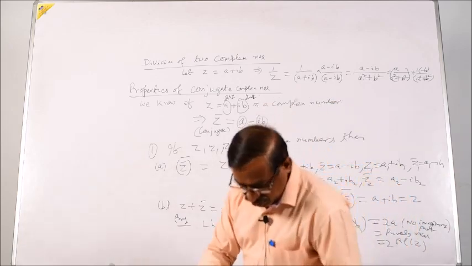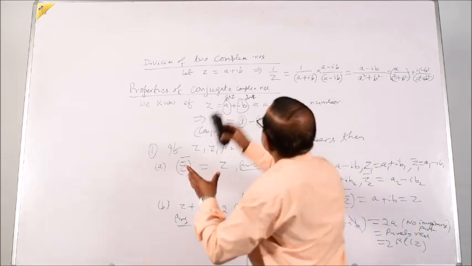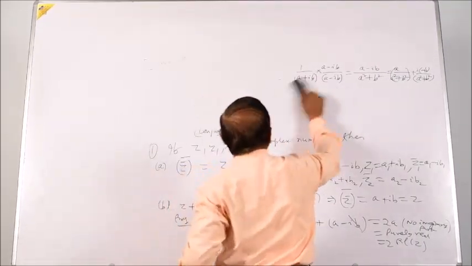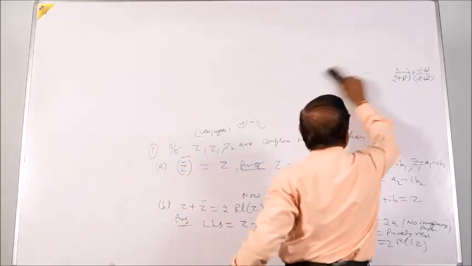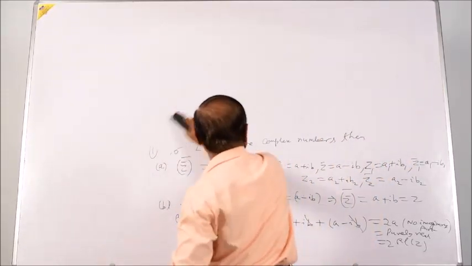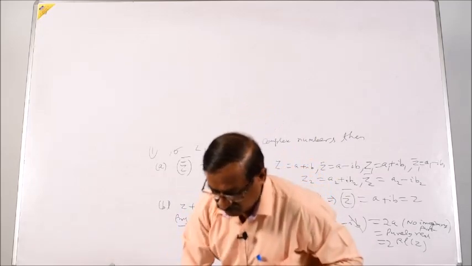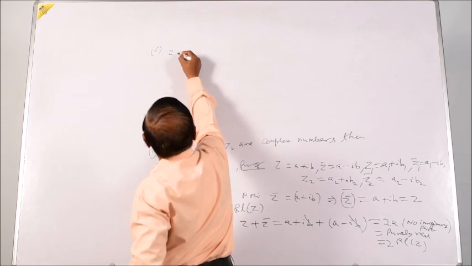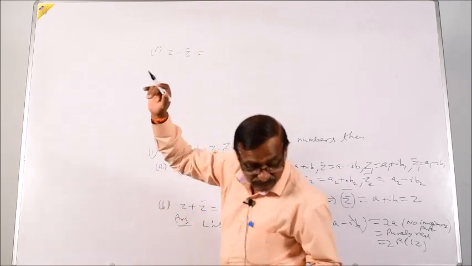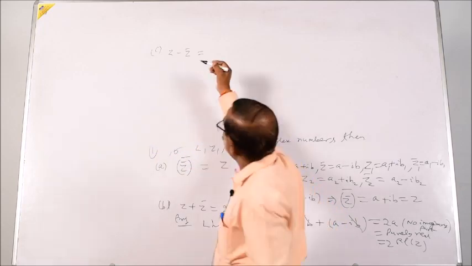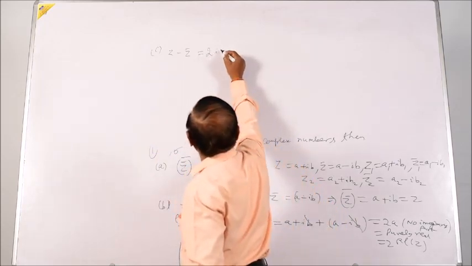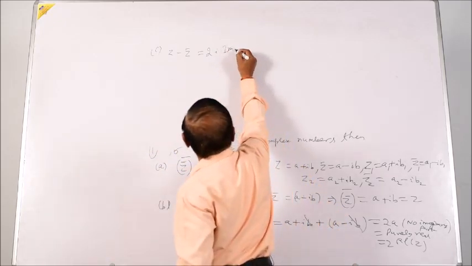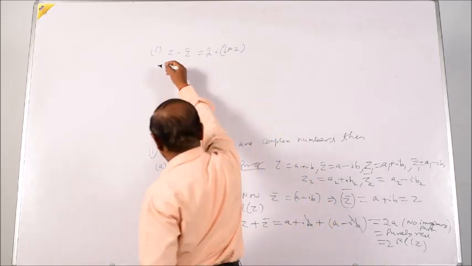And now go to C. Z minus Z bar is equal to 2I imaginary Z. Yes, its proof is like this.